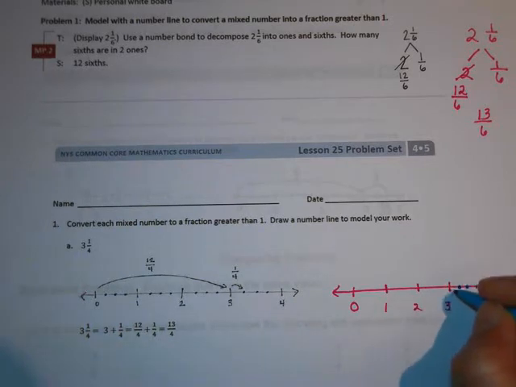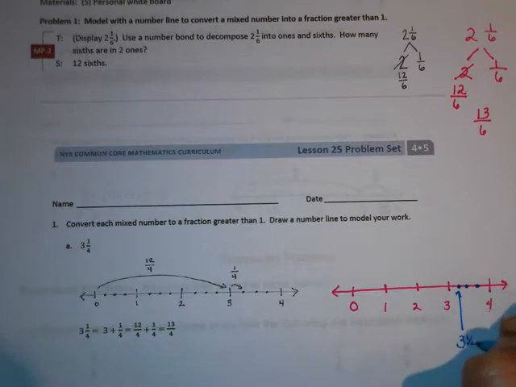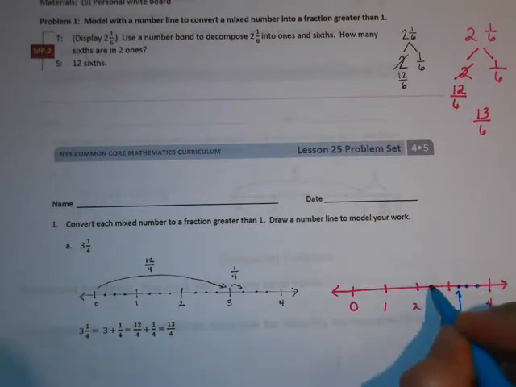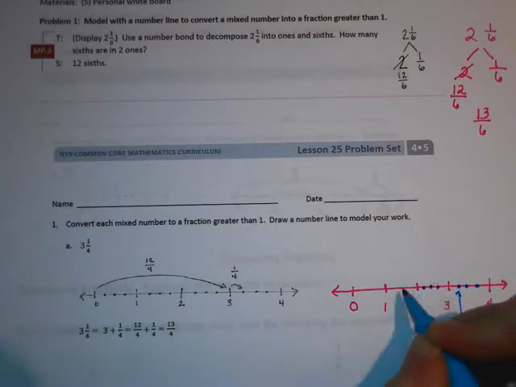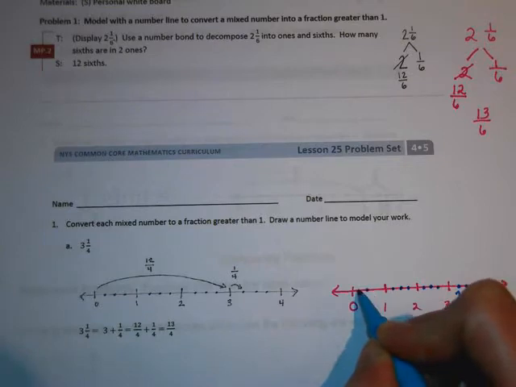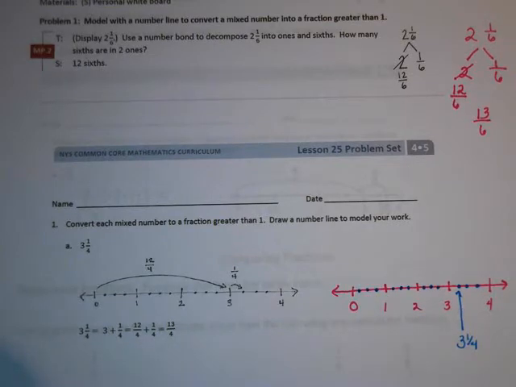So right here is the 3 and 1/4. But look, if this gets divided up into fourths, everything gets divided up into fourths. It's only fair. And then they just count the fourths.